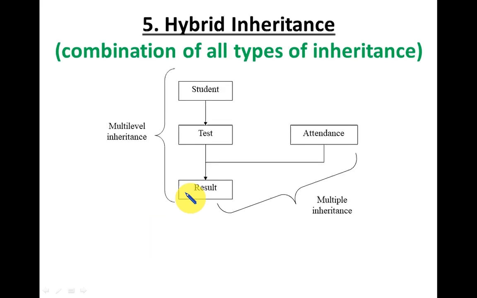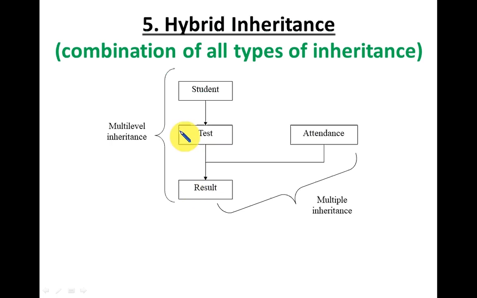The last is hybrid inheritance. What do you mean by hybrid inheritance? It is a combination of all types of inheritance. See this example. Initially there is a superclass, namely student. From student we are inheriting the test subclass. Again from this test subclass we are inheriting the result subclass.